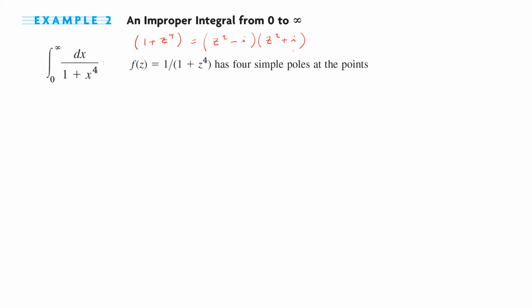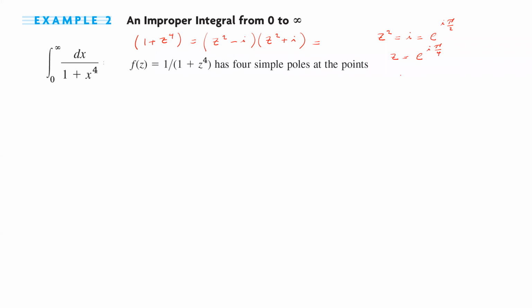And then if z squared minus i is 0, if z squared is equal to i, we can write this as e to the i pi over 2. So z becomes e to the i pi over 4, right?